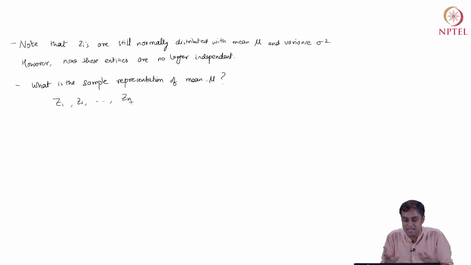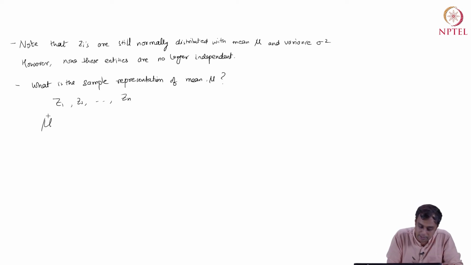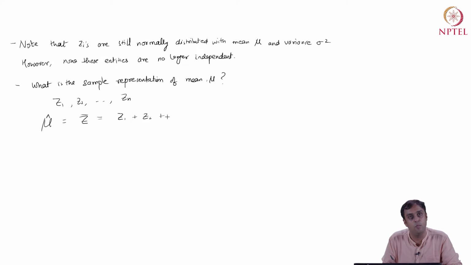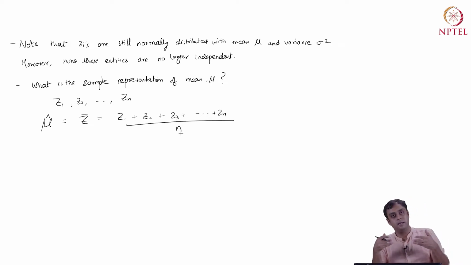So my best guess of mu is still going to be Z bar, which is nothing but take every value, weigh it equally by 1 over n and sum it. So even when you have spatial dependence, the best guess of mu, or mu hat, is equal to Z bar, right?